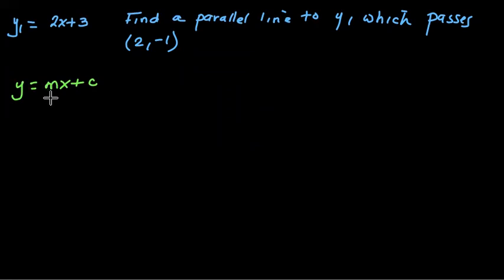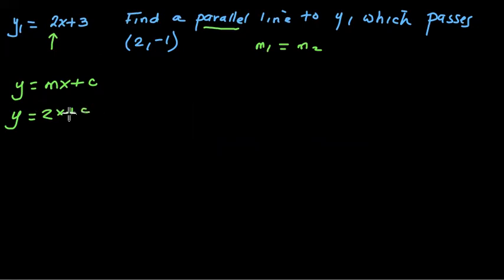Do I have m? This is when you start asking yourself the question. According to the principles here, m is going to be the same as the other line because they're parallel. And when they're parallel, m1 is equal to m2. We're making progress here, right? So y is equal to 2x plus c.